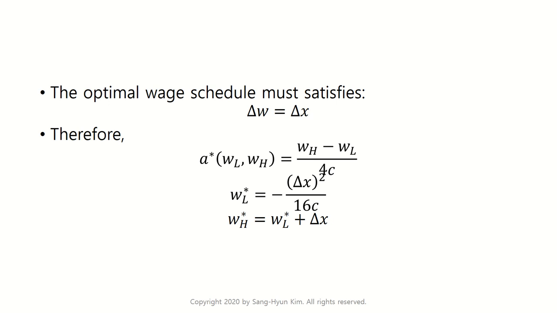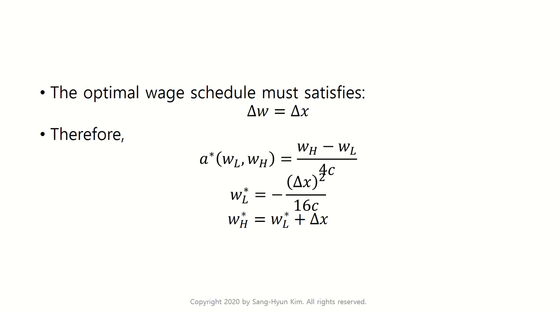Given this expression, you can put some numbers in xl, xh and c, and check what happens in equilibrium, right? For example, if delta x increases, what happens? If delta x increases, WL will decrease, right? And what will happen to WH?